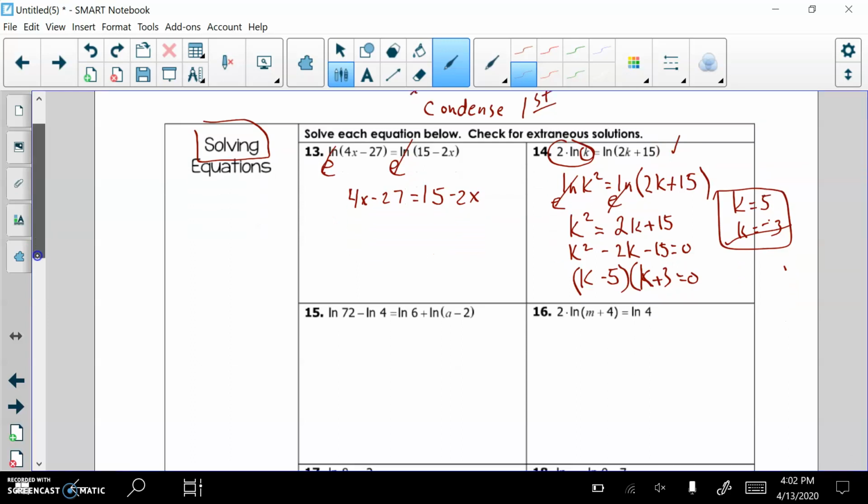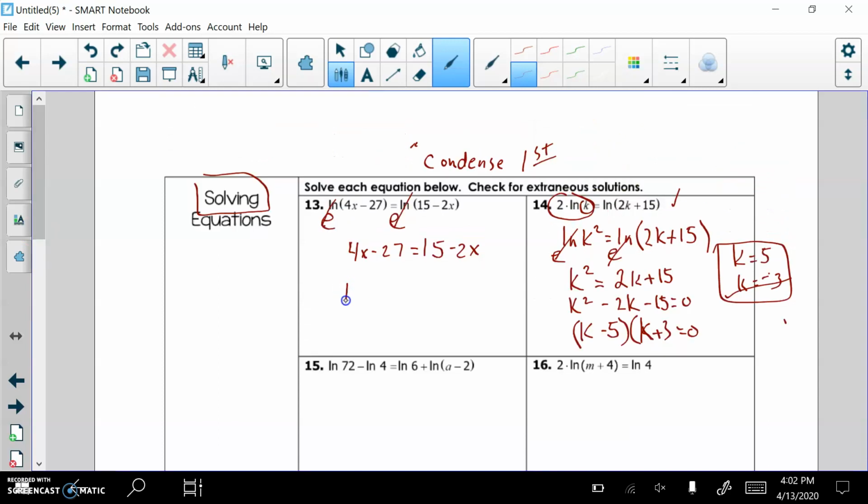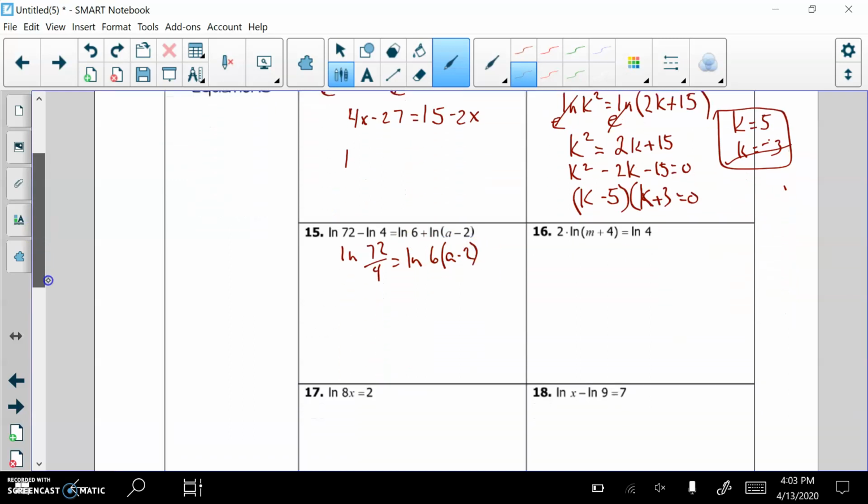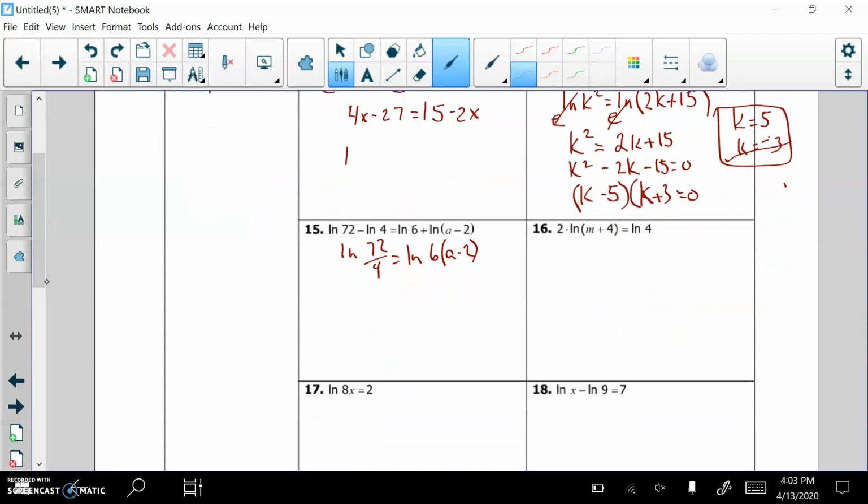Number 15, let's condense first. Natural log of 72 over 4 is equal to natural log of 6 times a minus 2. Now we can exponentiate, and I'll clean up some of those numbers at the same time. So when we exponentiate, we end up with 18 equals 6 times a minus 2.